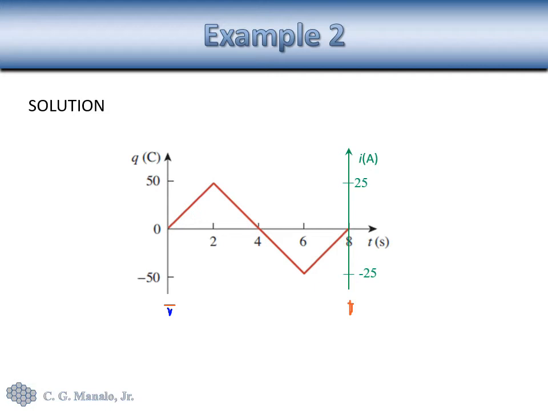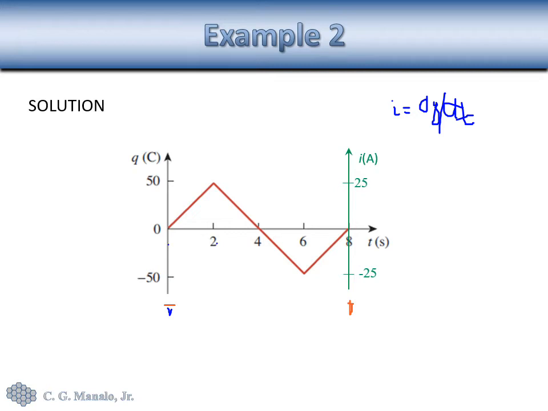So take note that we already said that I is really just the time rate of change of Q. Okay, it is the dq dt here. And in order to plot I, we simply need to check the slope of Q. So let's check the slope of Q based on the plot of Q.